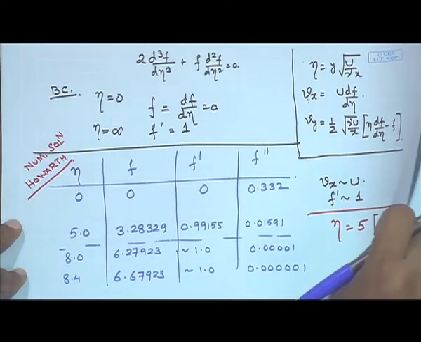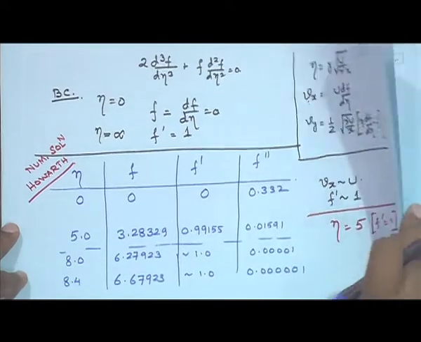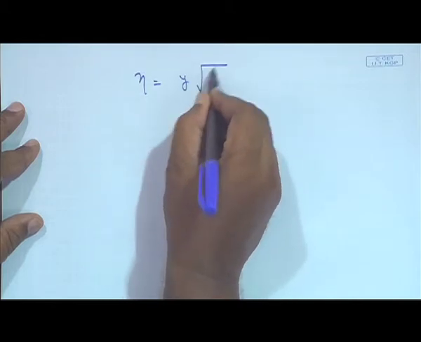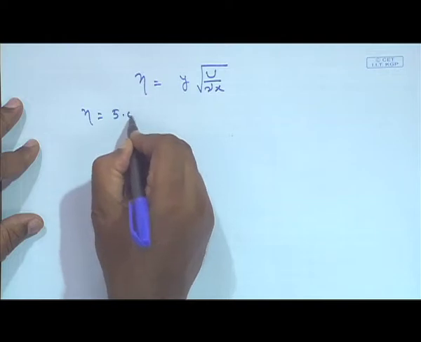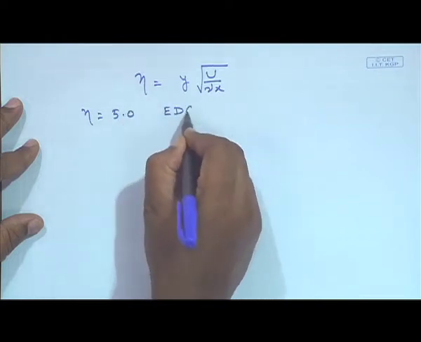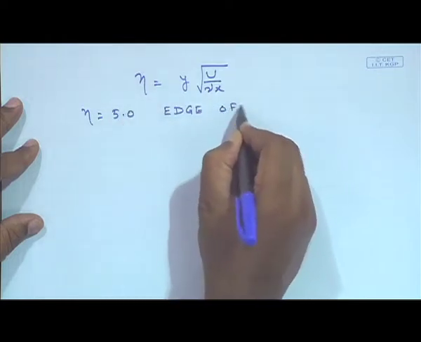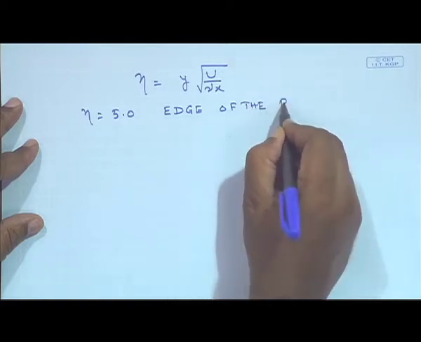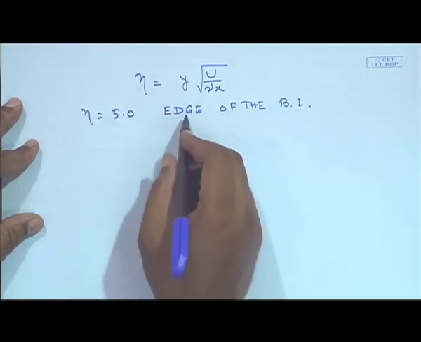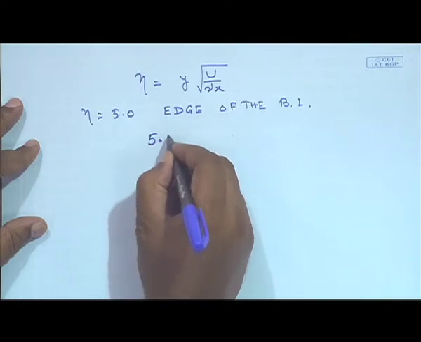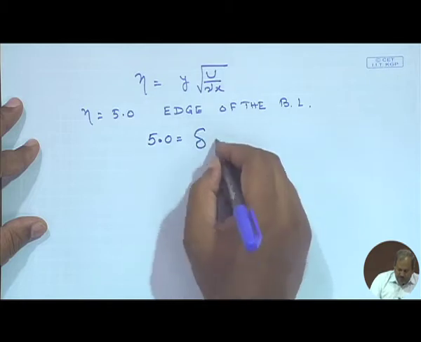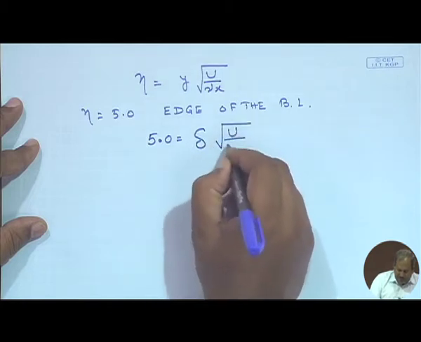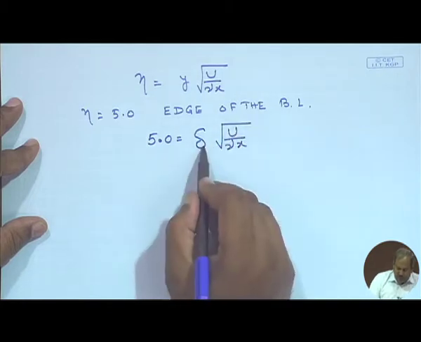So, let us see how that helps us. We understand that by definition eta is y times root over u by nu x, and eta equals 5 can be taken as the edge of the boundary layer. So, if that is so, then at that point when eta is 5.0, this y would simply become equal to delta, where delta is the thickness of the boundary layer.